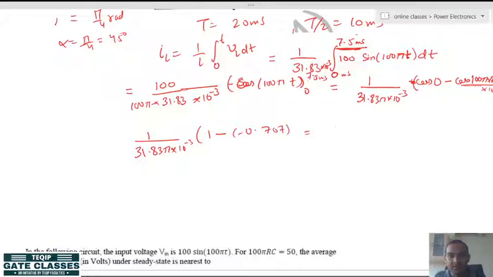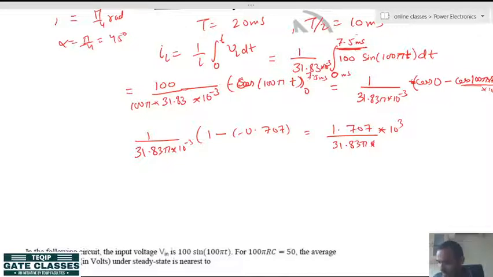So, it will be 1.707 divided by 31.83 pi into 10 to the power minus 3. Just solve it: 1.707 divided by 31.83 divided by pi multiplied by 1000.